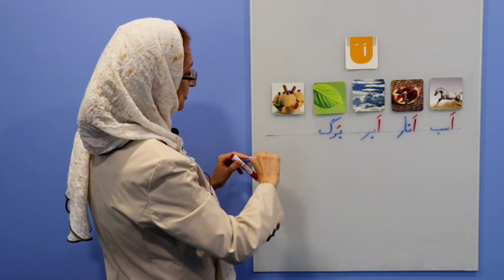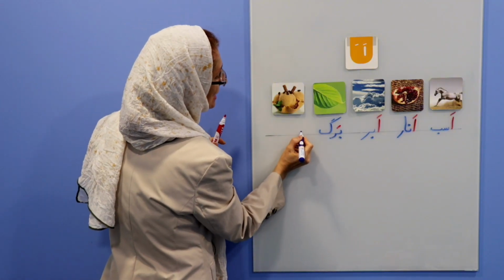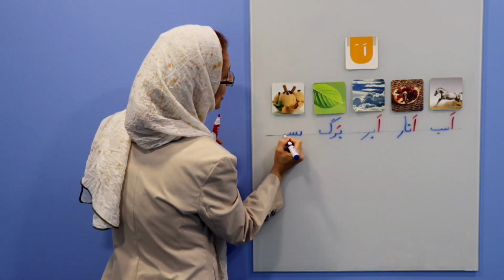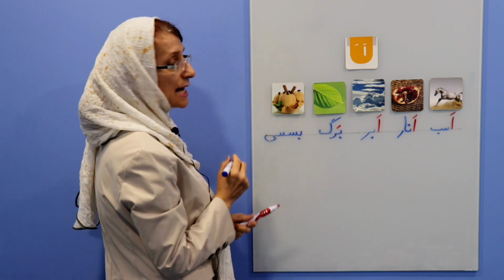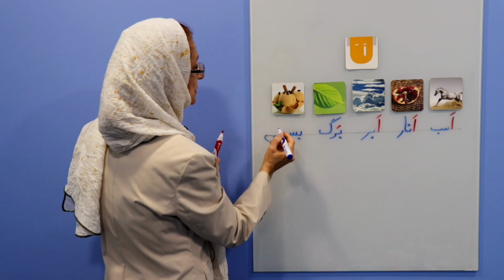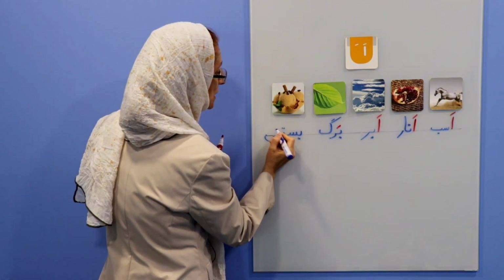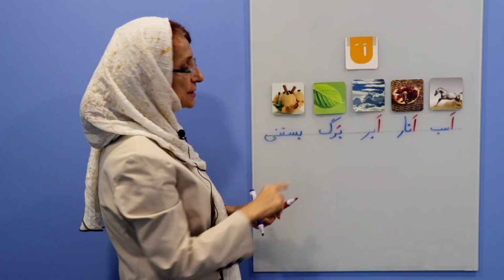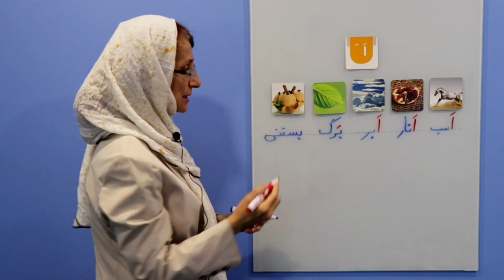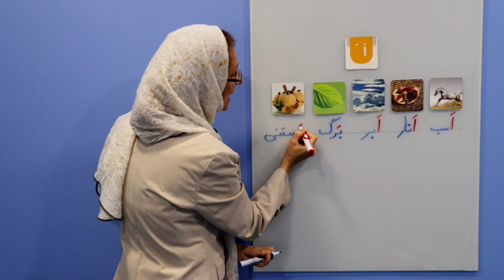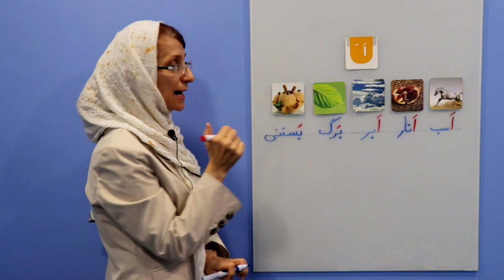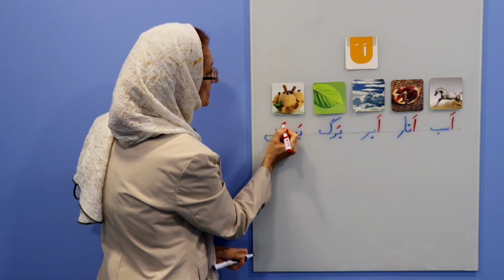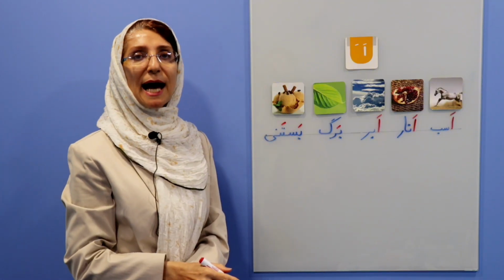bastani. Ice cream in Persian is bastani. I taught it in the previous lesson in the B sound. Look at here. Without this A, you can't read it. But when you put A غیر اول here, then it is Ba, and above T sound, it is bastani.